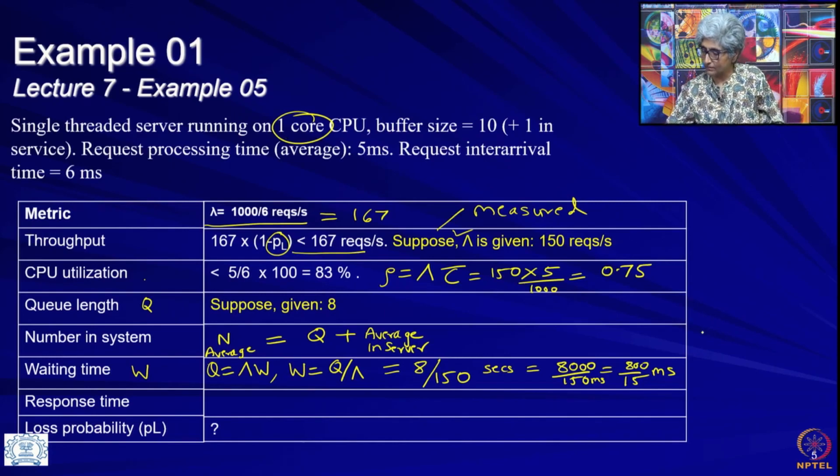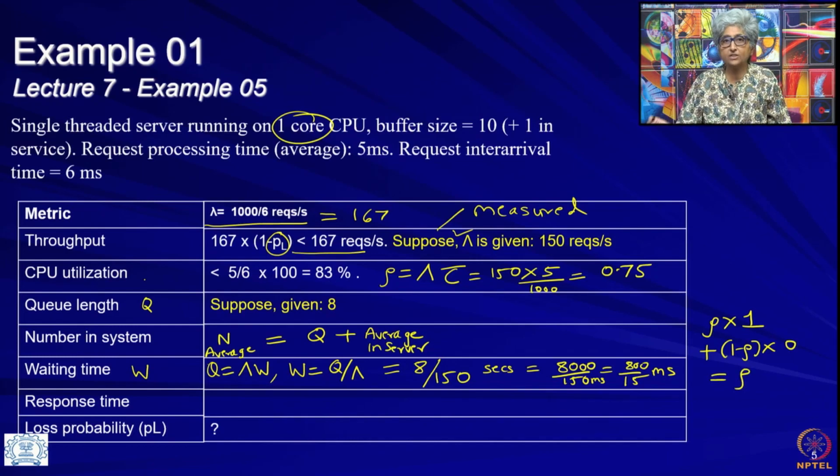Because with probability rho there is 1 in the server, and with probability 1 minus rho there is 0 in the server. Rho is utilization, rho is the probability that the server is busy. So, this is going to be nothing but rho.